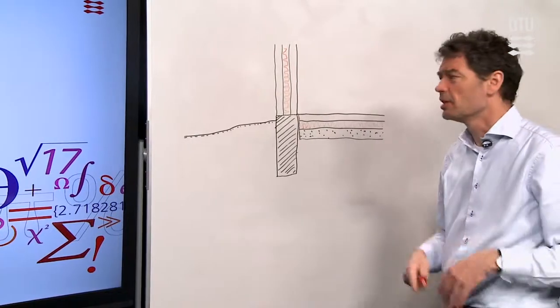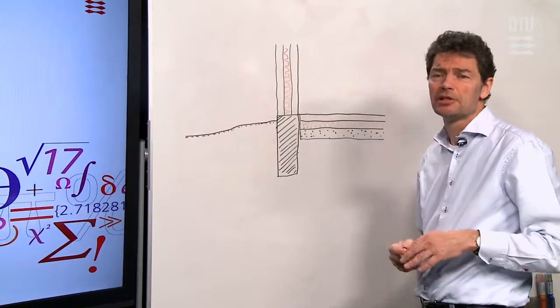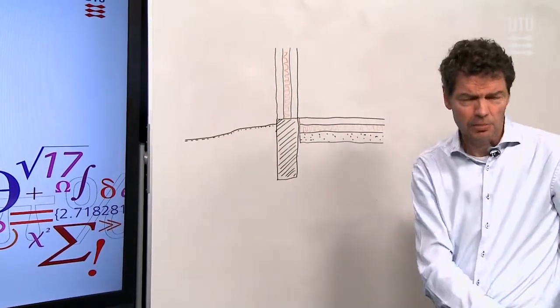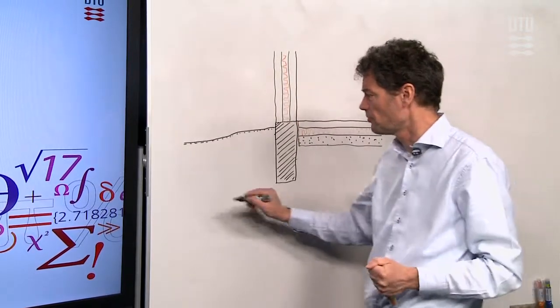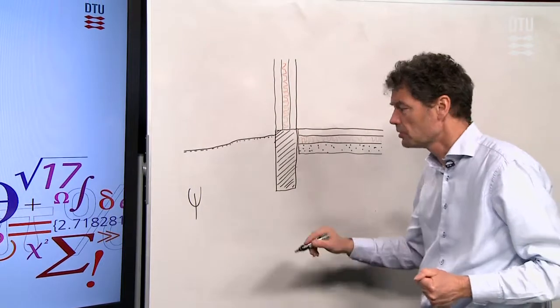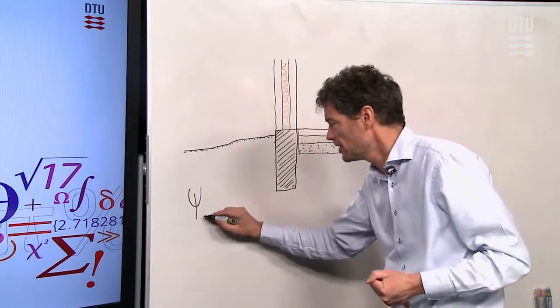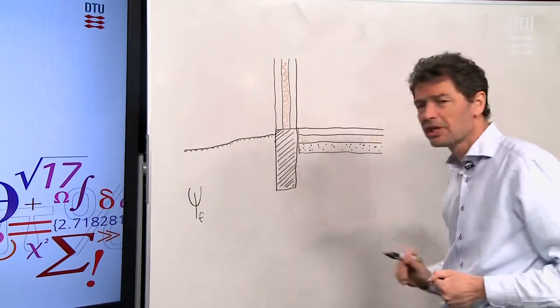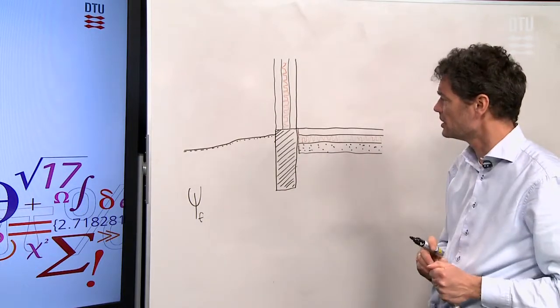The methodology to calculate thermal bridges otherwise also. So for thermal bridges in standard terminology, we use the letter psi, and we're going to find the psi value for the foundation, so psi-f in this case here.